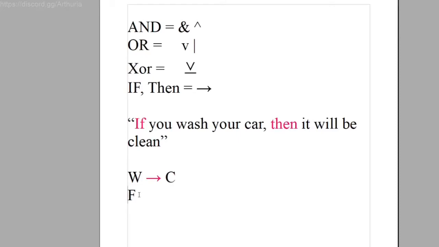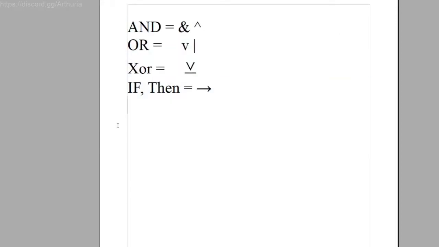If it's true that I washed my car and it's false that the car is clean, then I lied to you. That is the if then statement, and we'll get into how to think about this more conceptually in a bit. The last one is if and only if.